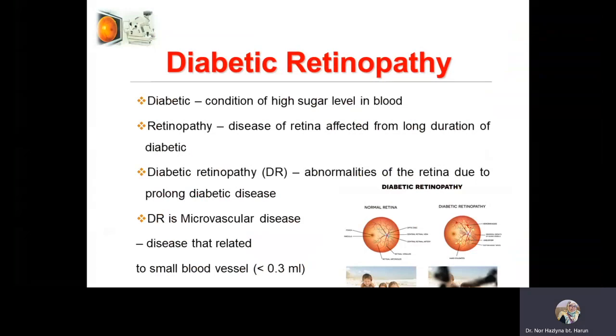Diabetic refers to the condition of high sugar level in blood, while retinopathy refers to disease of the retina affected from a long duration of diabetes. Therefore, diabetic retinopathy, or DR, is known as abnormalities of the retina due to prolonged diabetic disease.